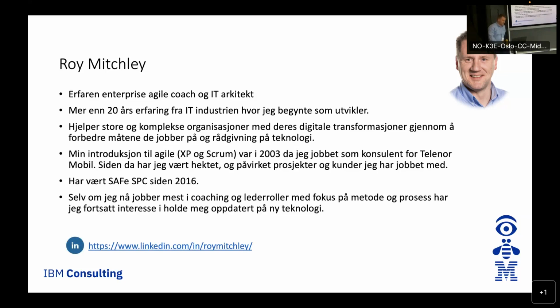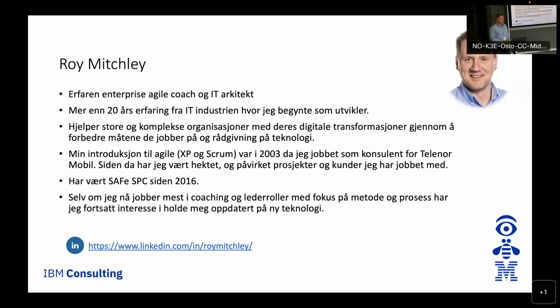I got introduced to Agile in 2003, I think, working for Telenor Mobil, where we were using XP and Scrum. And since then, I've been an Agile advocate, frustrating my IBM program managers and project leaders, and with a growing level of leadership, I've also been able to influence a lot of it.